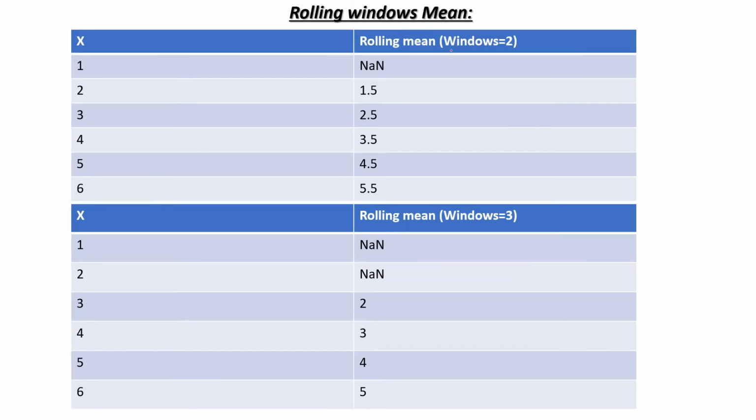Now the next one is the mean. Same as with window 2, how will this mean work? Sum of all the elements divided by the number of elements, right? So window 2, what it will do, it will sum these two. Why did we get this NaN? Because we don't have any element before this one, right?